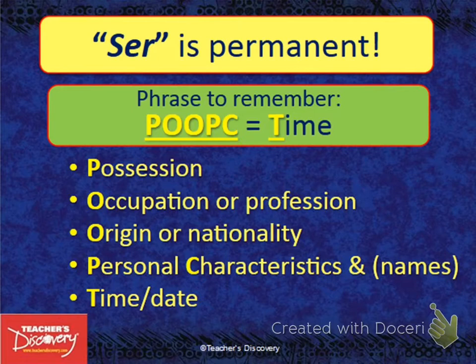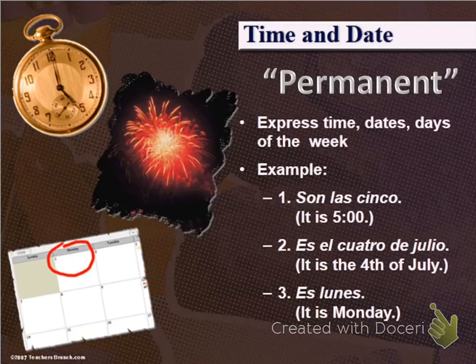That's how we answered it. So, ¿cuál es la fecha de hoy? Hoy es el whatever day of the month. So we use the verb ser there again. I put permanent again in parentheses because time and date obviously change fairly often, but time and date are one of the reasons for ser. So you just have to use ser with it.